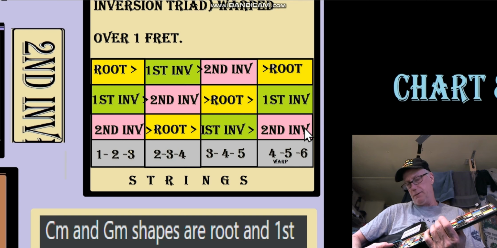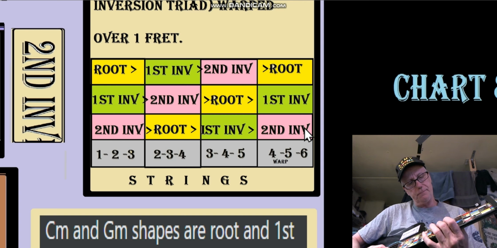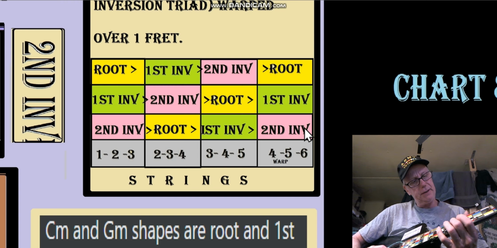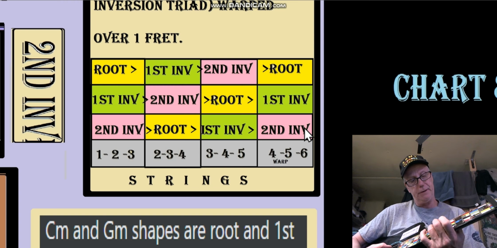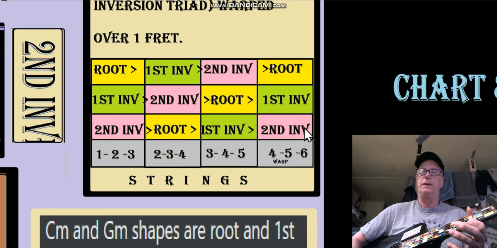So C major, then first inversion, then second inversion with a warped third, and then third, and then root again. So we started here. See?